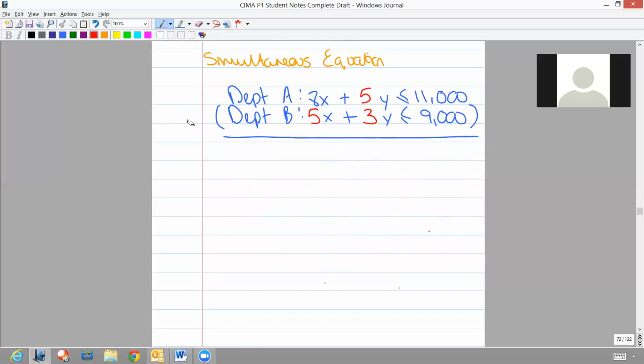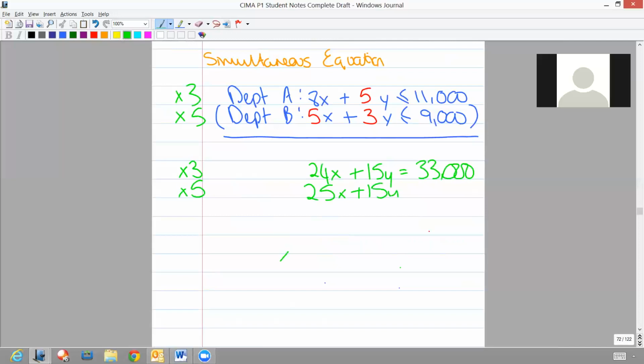Sometimes, in order to get something that is divisible by both, and therefore get a 0, here we could multiply our top line by 3 and our bottom line by 5 to give us 24x plus 15y equals 33,000, and 25x plus 15y equals 45,000.